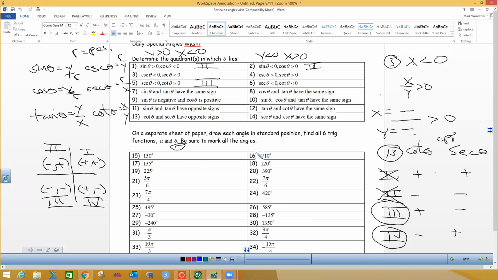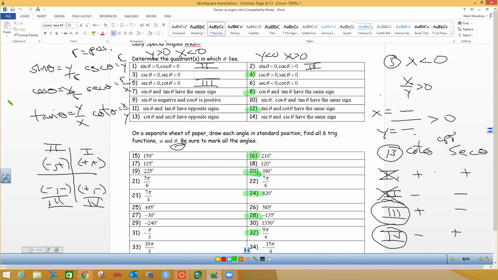For today, you're doing 4, 8, 12, 16, 20, 24, 28, and 32. That's your homework today. The first three, 4, 8, and 12, just ask you what quadrant you are in. And then 16 through 32 ask you to do those 6 trig functions like I just did.